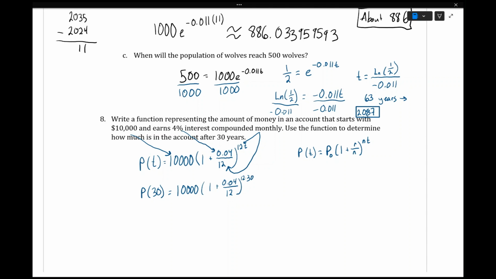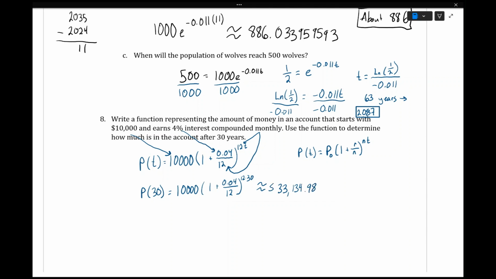And so I'm going to, once again, plug that into a calculator. So I get 10,000 times 1 plus 0.04 divided by 12 raised to 12 times 30. I know 12 times 30 is 360, so I sometimes just go ahead and put 360 in there. Now it gives me a big long decimal, but it ends up being about 33,134.98.